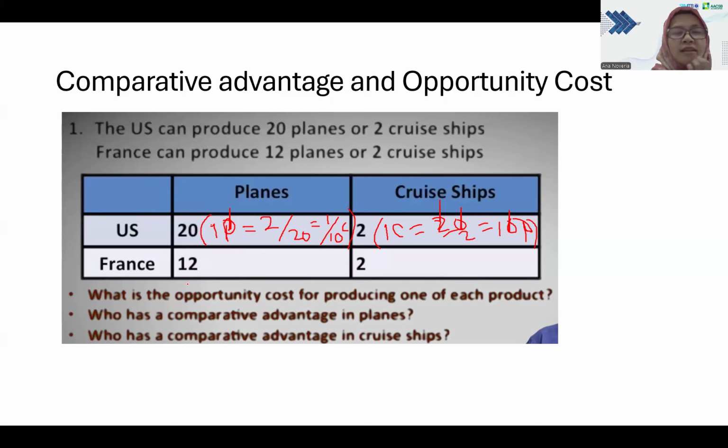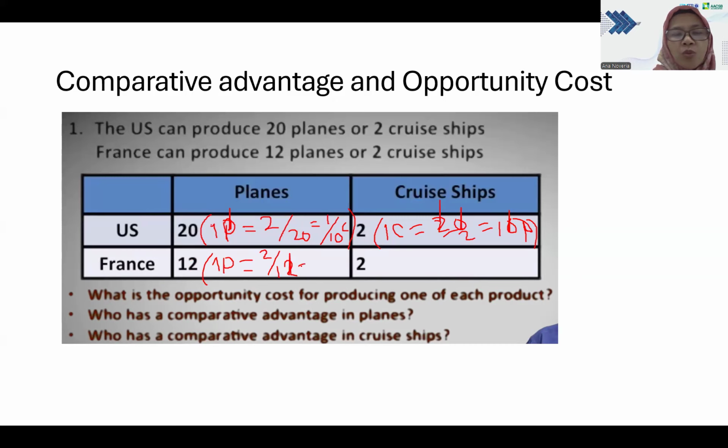Now for France, what's the opportunity cost of producing one plane? One plane equals two cruise ships, 2 divided by 12.